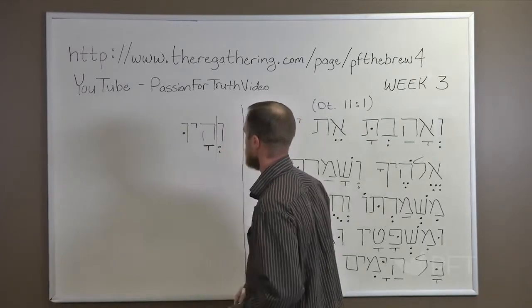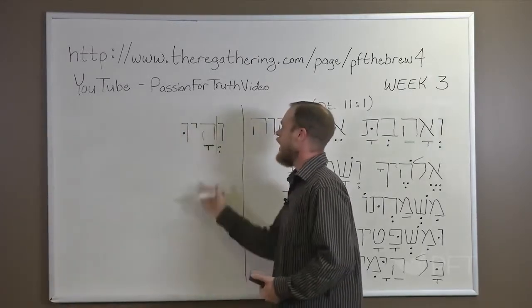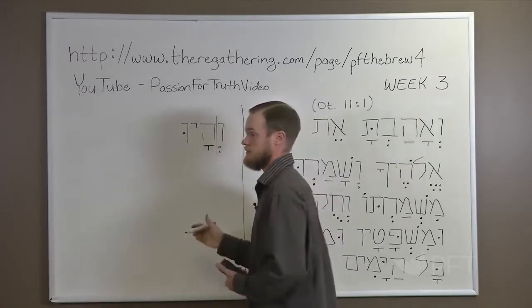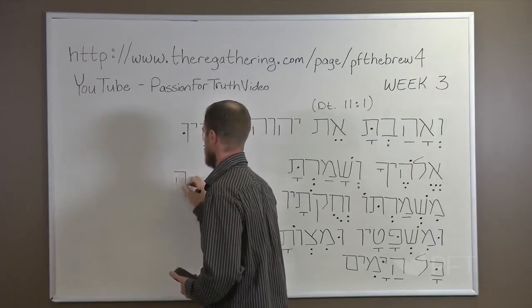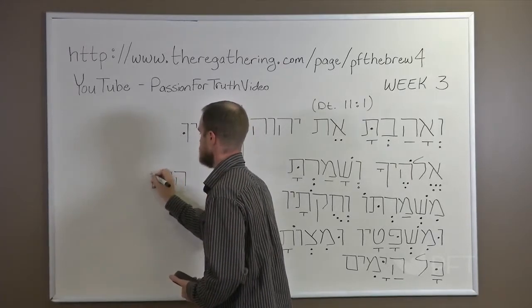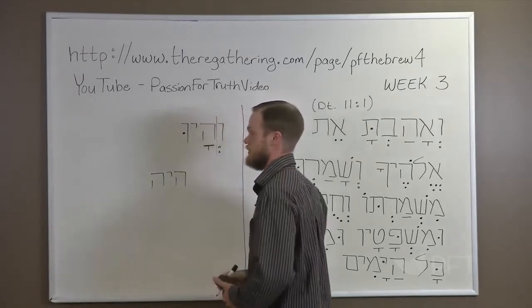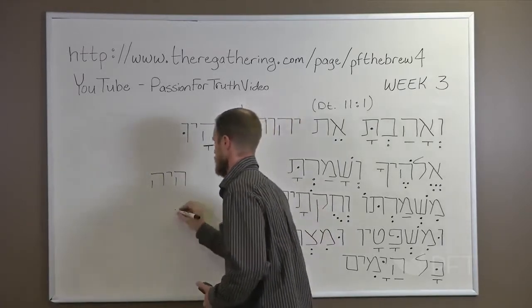Okay, so again, we can separate off the vav at the beginning. Hayu is a conjugation of haya, which means to be. Hayu is the third person past tense plural.